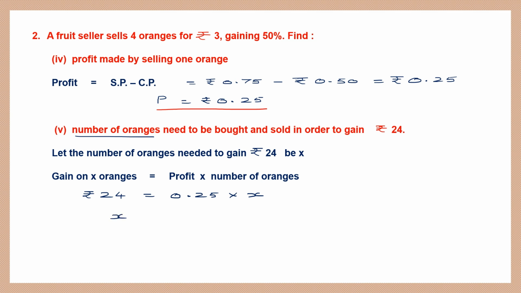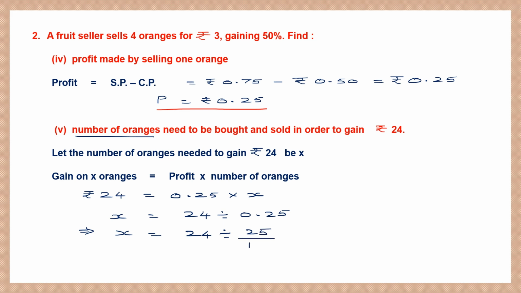So x is equal to 24 divided by 0.25. Now let's simplify this. Here I can write 0.25 as 25 by 100, isn't it? So x is equal to 24 divided by 25 by 100.